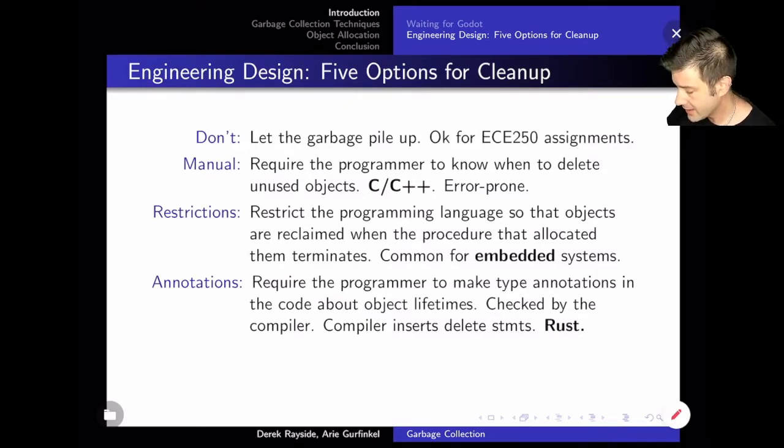And in this case, the compiler will automatically insert the memory reclamation code. A system like this, the one that's probably most popular now that you may have heard of, is Rust. And if you ever tried programming in Rust coming from a different language, you'll see that one of the difficulties is that you have to be very, very aware of a lifetime of an object. So where an object begins its life, how long it's going to continue its life, if it has to live in some global data structure, how it's going to escape this.